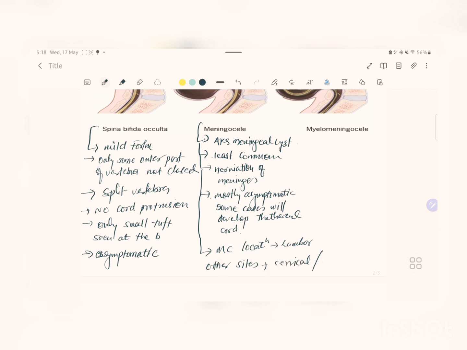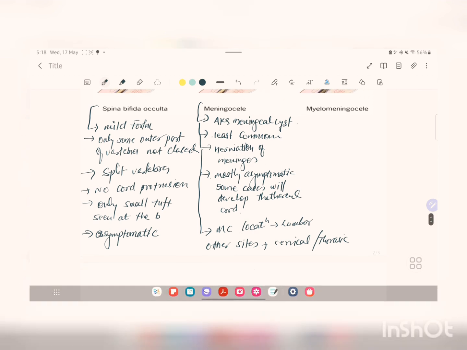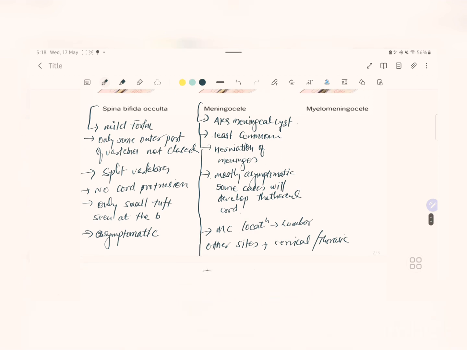So the most common location is the lumbar spine, and another is the cervical or thoracic spine.